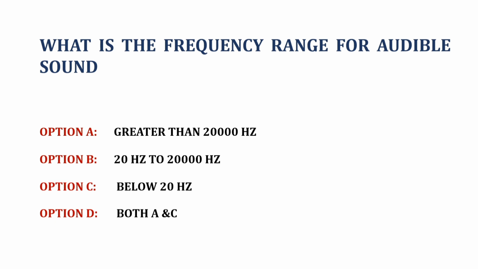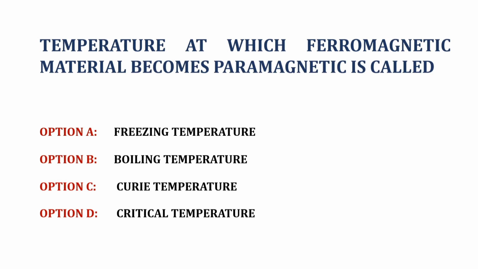What is the frequency range for audible sound? Option B. 20 Hz to 20,000 Hz. Temperature at which ferromagnetic material becomes paramagnetic is called. Option C. Curie temperature.